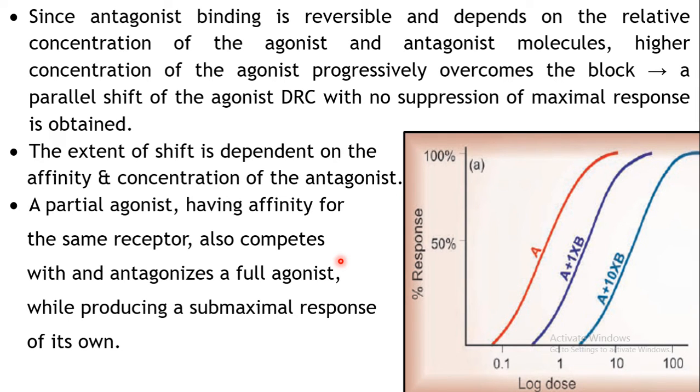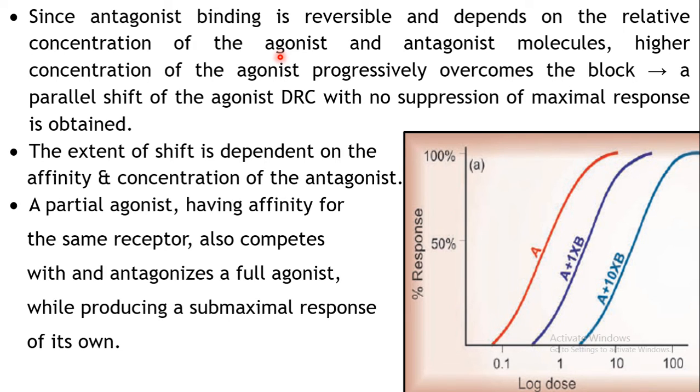Now since this is an equilibrium type, this particular antagonism is a reversible type of antagonism. It depends upon the relative concentrations of the two, agonist and antagonist, in what concentrations these two are present. So if you progressively increase the concentration of the agonist, this block can be overcome.